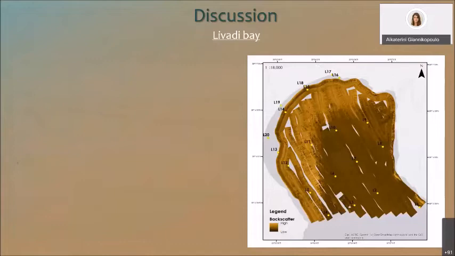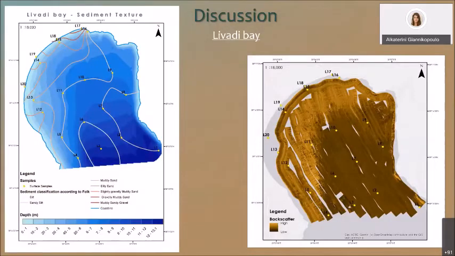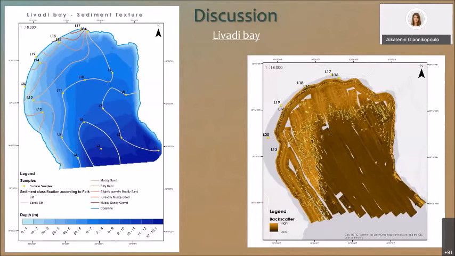Results of the sediment texture of the samples, in the case of Livadi Bay, were plotted on the bathymetric data in order to reveal any distribution patterns of the surface sediments. Those results, as well as the results from the sample's grain size analysis, were compared to the side-scan imagery of the seafloor.